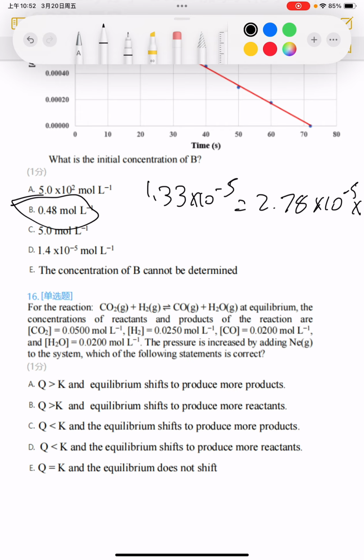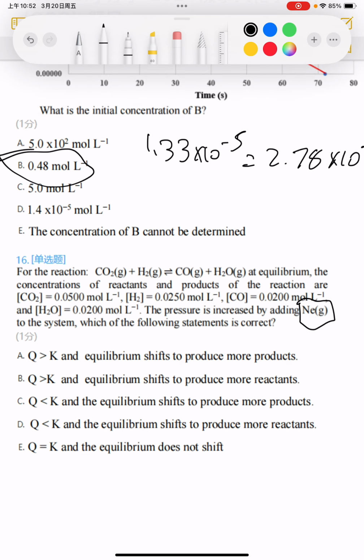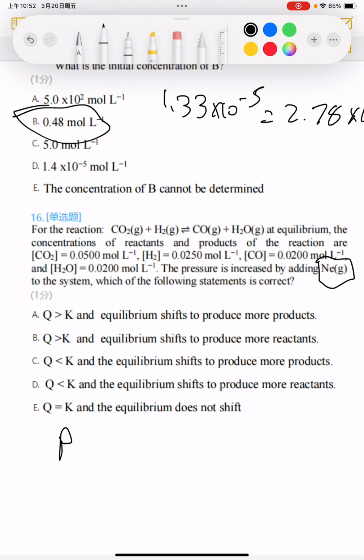Okay, moving on to question 16. They are told that we have a given reaction at equilibrium. We're given the concentration, and the pressure is increased by adding neon to the system. So over here, P rises by adding neon.